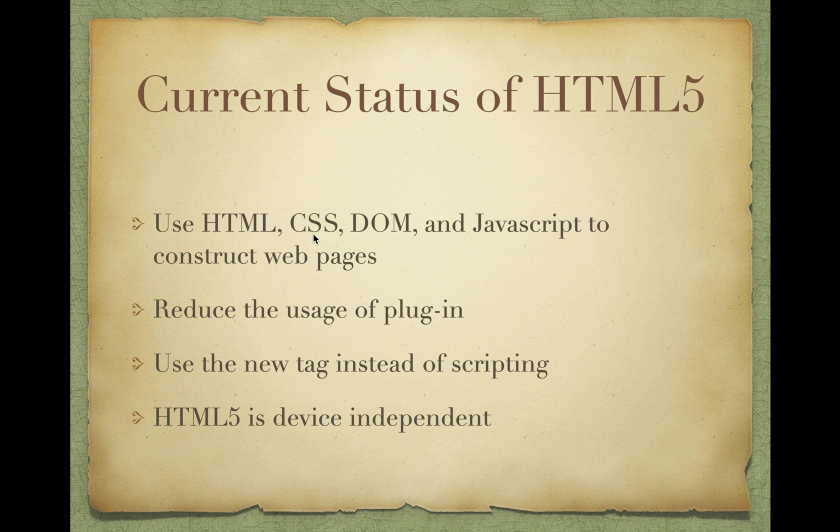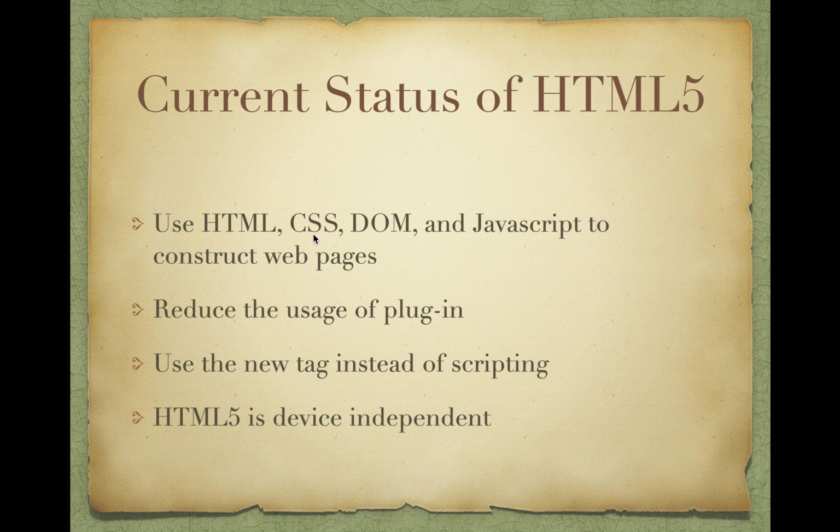Okay, so please note that in modern web design, we use HTML to specify what kind of element will be displayed on the screen, and use CSS rules to change the presentation, to change the layout, to specify how to display this element.